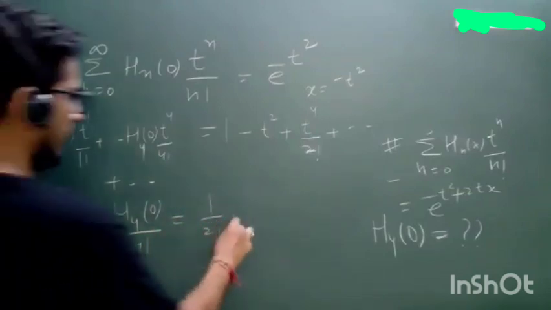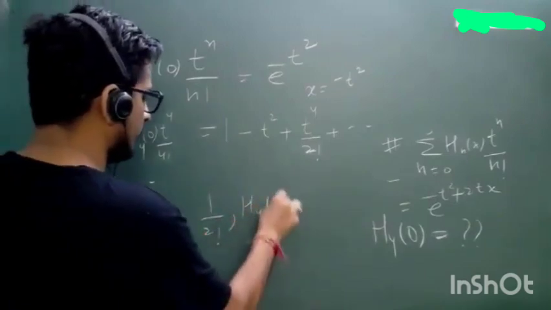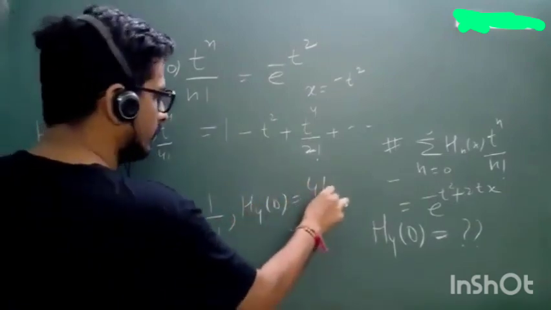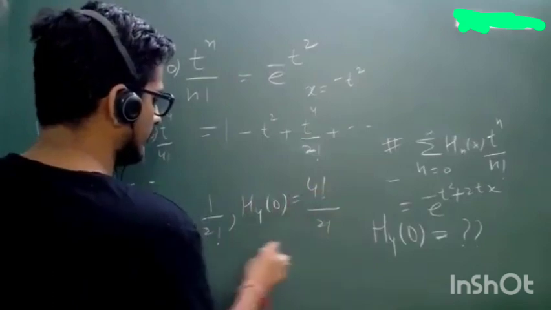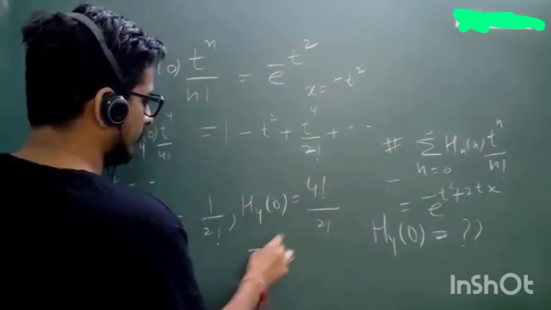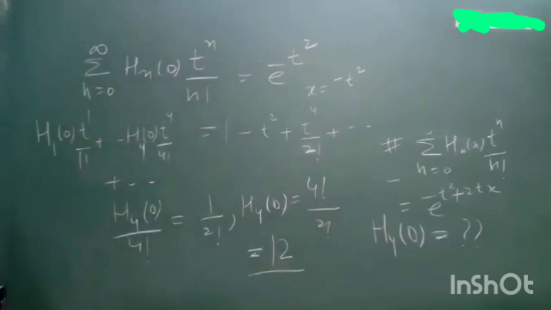So the value of H_4(0) will be 4 factorial upon 2 factorial, that is 4 into 3, which is 12. So if you can do this type of algebra, you can calculate the values.